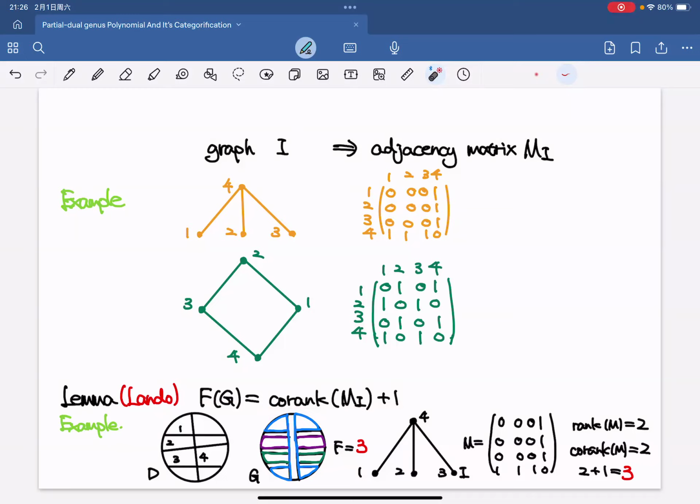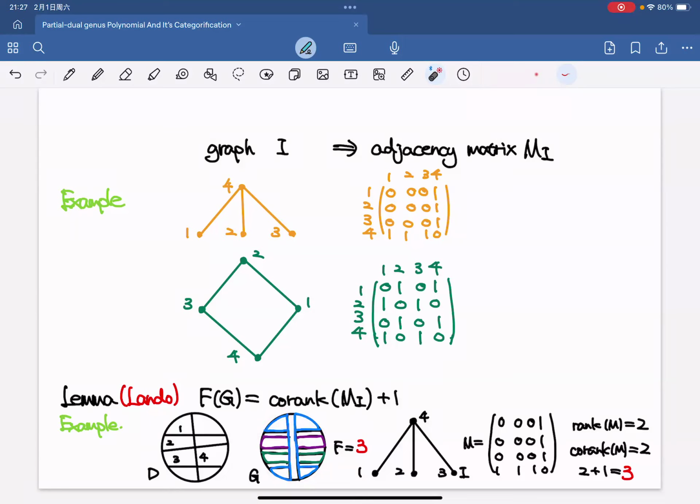I will explain this result by using this example. Here we have a chord diagram with 4 chords. We can see that the corresponding ribbon graph has 3 boundary components: the first one, the second one, and the third one.